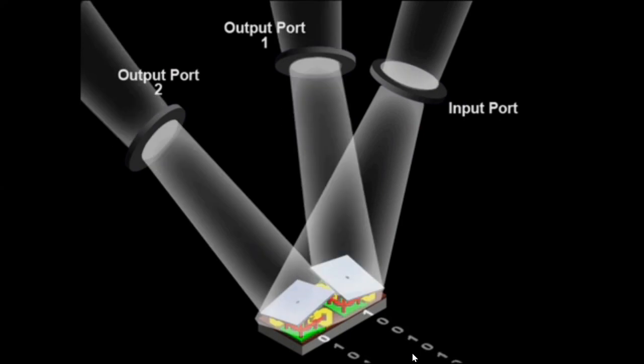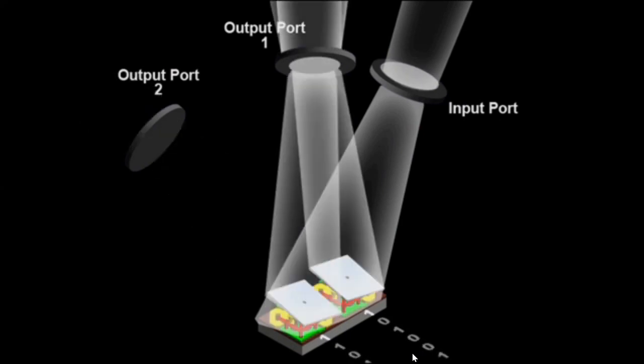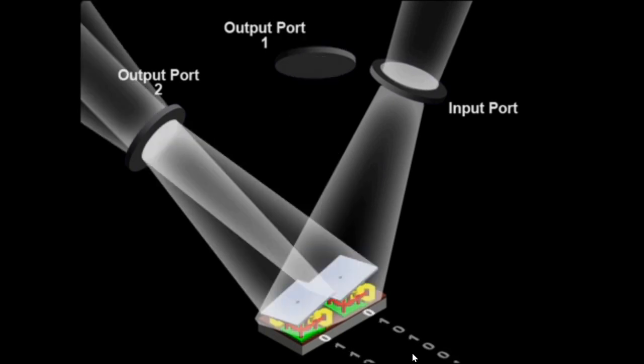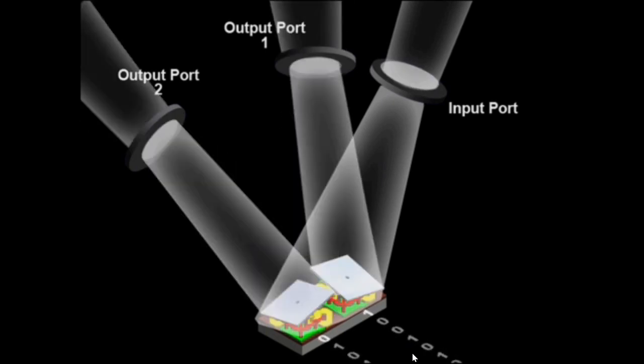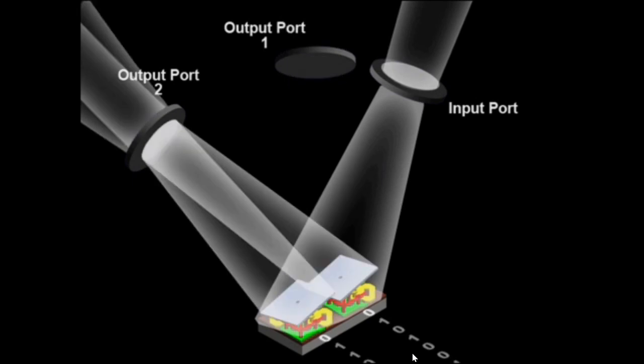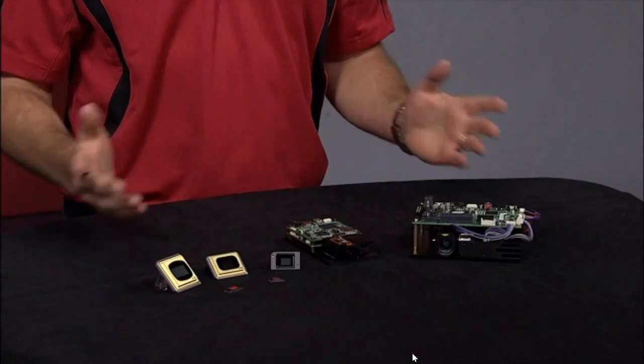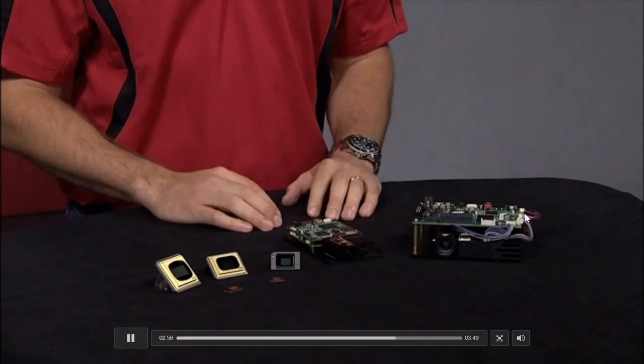Each pixel then directs light to one of the two output ports. The DMD is capable of displaying patterns at speeds up to tens of kilohertz, making it one of the fastest spatial light modulators available. TI has a broad portfolio of DLP micromirror arrays to meet your needs.